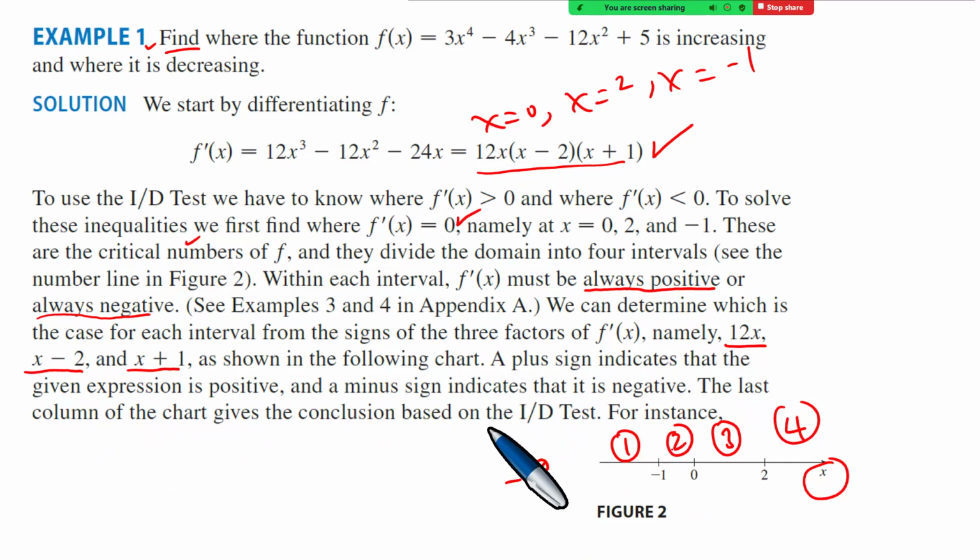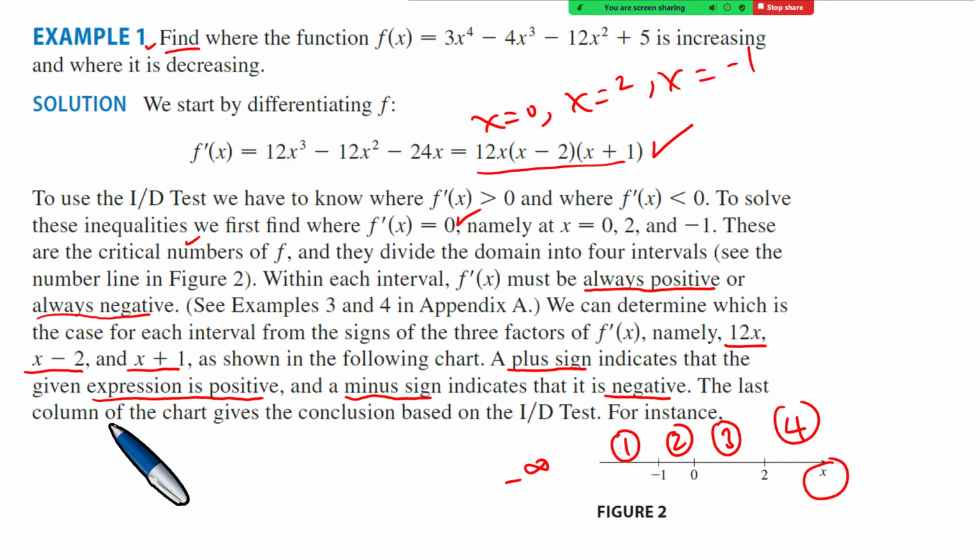All right, so we shall show a chart, and we're going to discuss it just now. A plus sign indicates that the given expression is positive, and a minus sign indicates that it is negative.